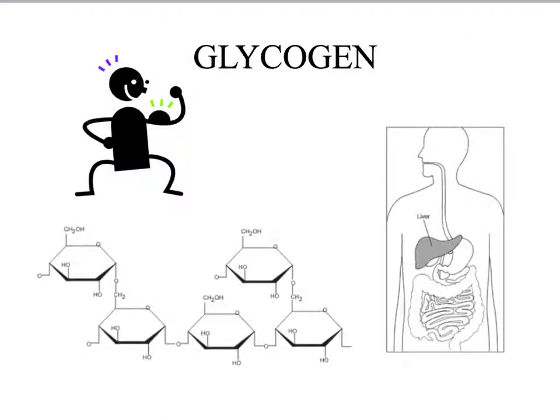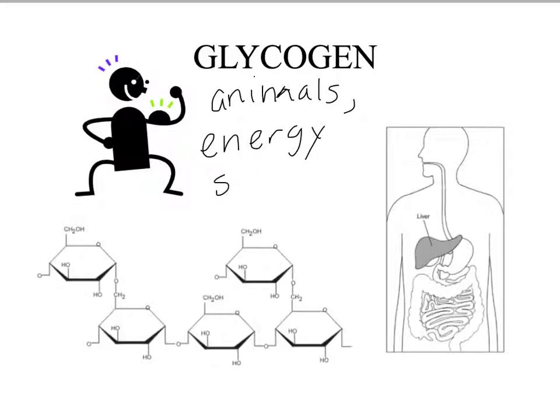Third type, glycogen. Glycogen is found in animals. And we use it for energy storage. So in that way, it's kind of like the starch in plants. We don't have starch to store our energy. Instead, we have glycogen.